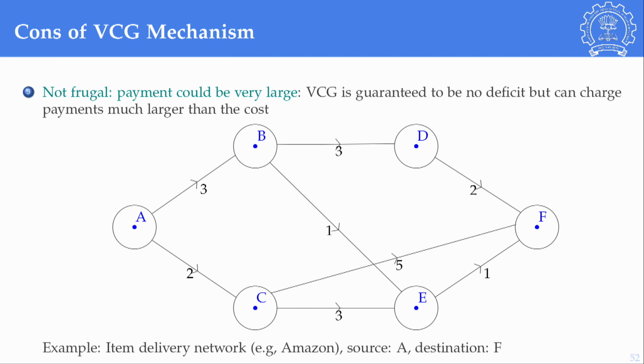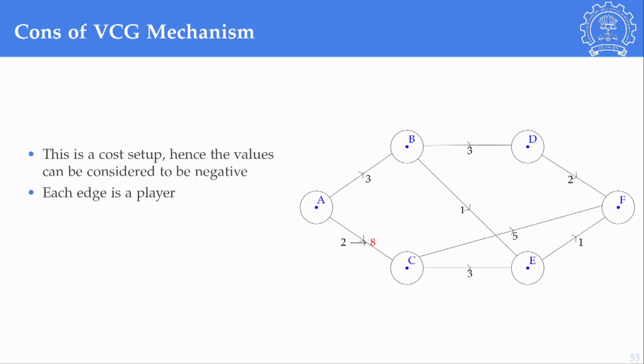ABEF. So if I just want to find the valuation and the payment, we will just consider these two cases: when the AC path has a cost of 2 versus when it increases to 8. Each edge is a player now. The efficient allocation is, as you said, ABEF. Each of these edges are agents now.